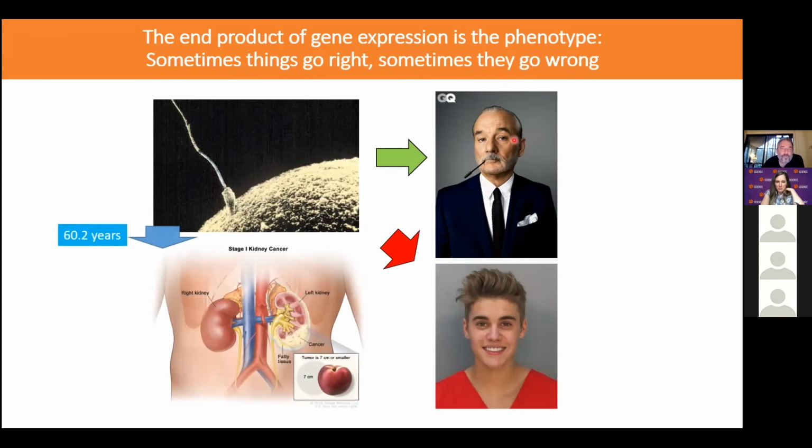But the reason I'm showing this is, all of us over time wind up who we are, but you also have over time things like your cells. There might be mutations in your cells, like maybe in the kidney, that you detect at a certain time period, right? You might be 60 years old when you have a problem, you go to the doctor and they find that you have a tumor, and you don't know what happened between this time period, the fertilized egg and sperm, the zygote, to 60 years later in the kidney, when the problems happen.